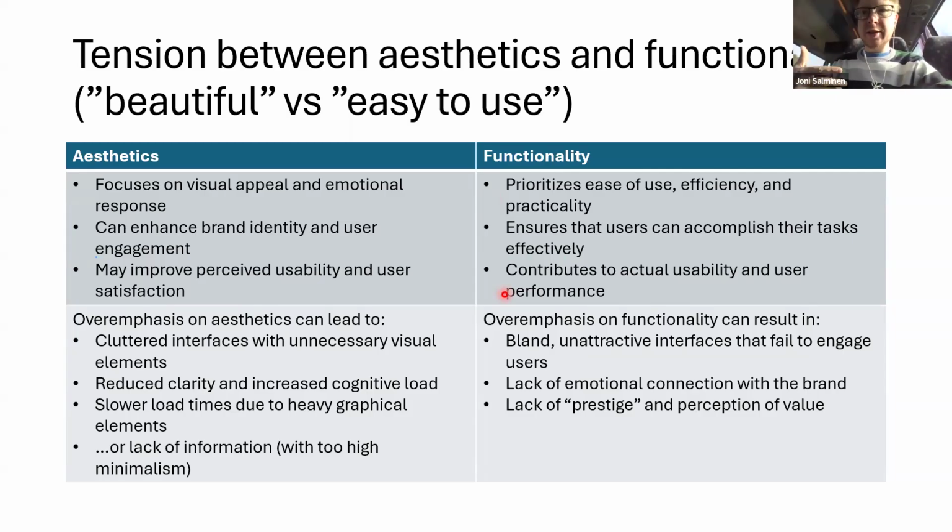So functionality deals with supporting that user task. For that, of course, we need to have an understanding of the user tasks and the jobs to be done. There are different ways of visualizing and understanding those in human-computer interaction and design communities.